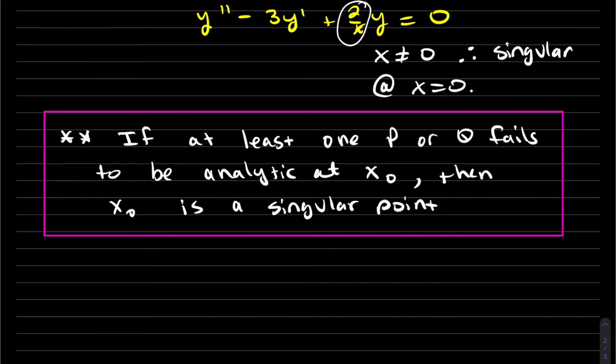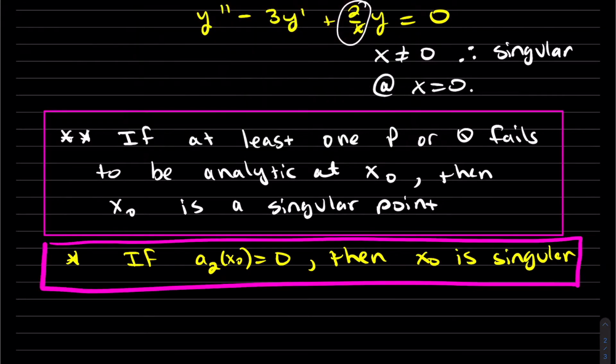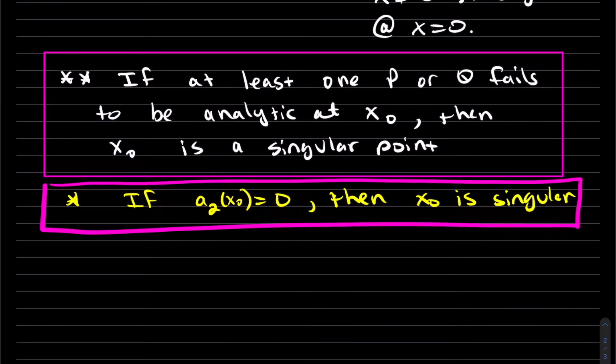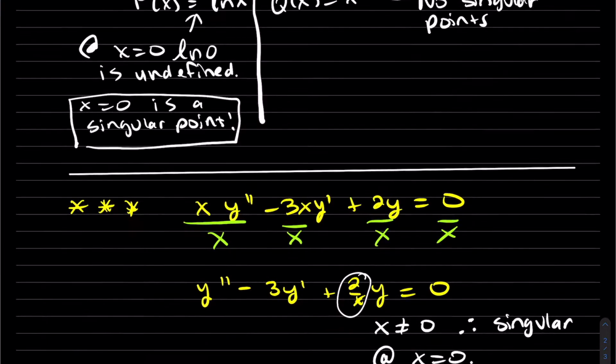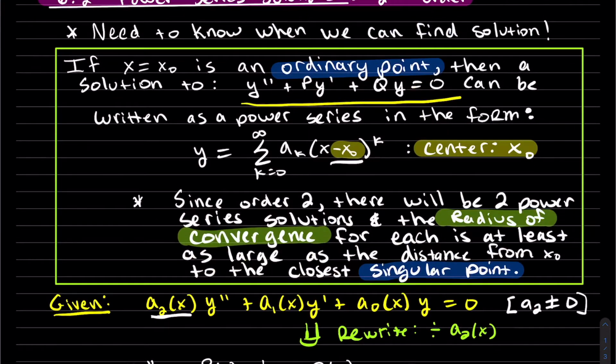And clearly, we also have a singular point when the leading coefficient is 0 at x naught. That's also defined to be singular. So hopefully that explains the difference between ordinary and singular.